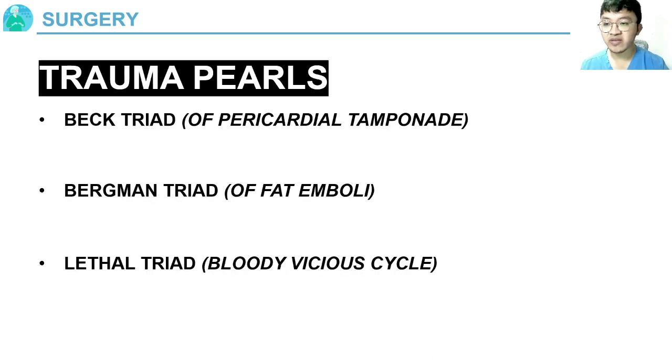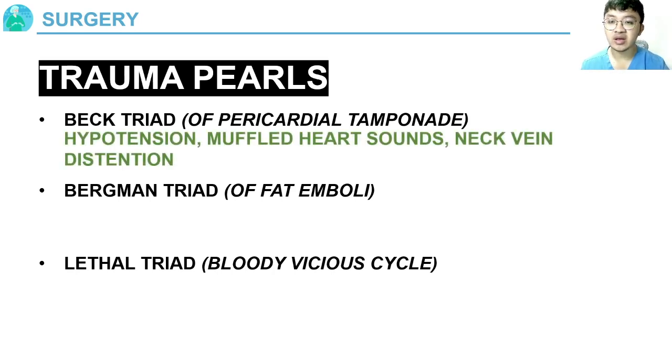Other trauma bros, you have your triads for trauma. Beck triad of pericardial tamponade: hypotension, muffled heart sounds, and neck vein distension. Pericardial tamponade may occur when the fluid is up to 100 ml in the pericardial space.